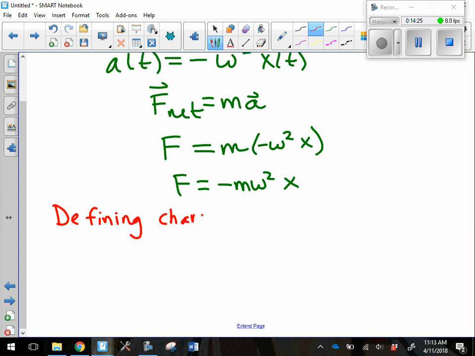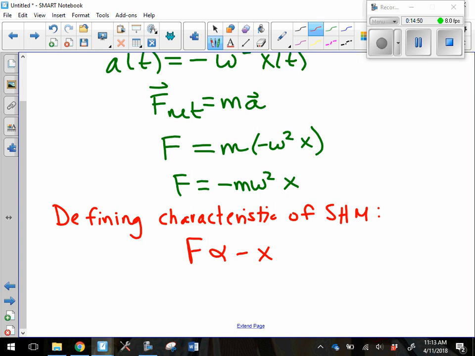The defining characteristic of simple harmonic motion, which means that it is not a simple harmonic oscillator if it does not obey this, is that F is proportional to negative x.